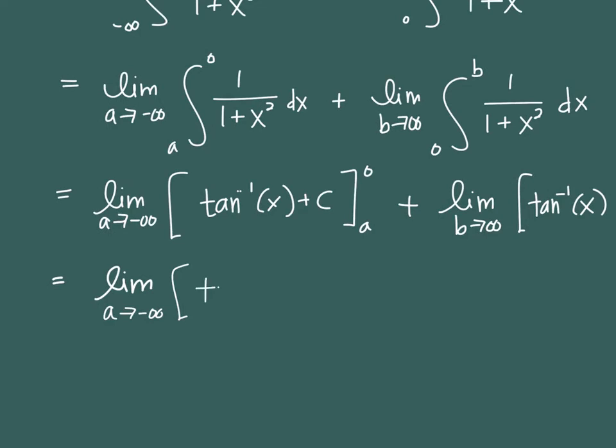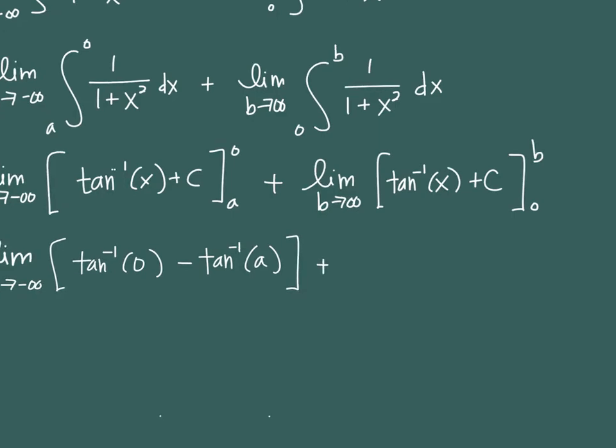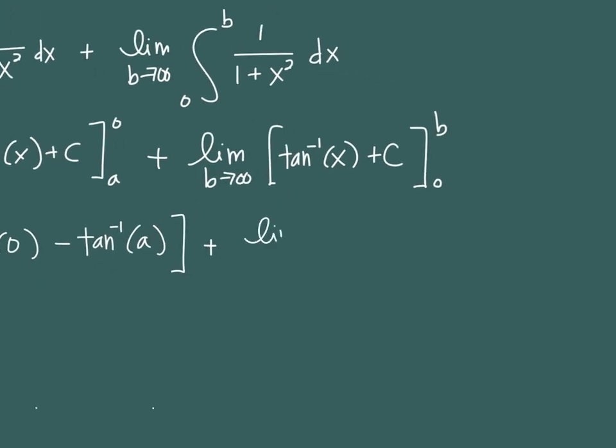So the inverse tangent of 0 minus the inverse tangent of a. And then in the second limit, I'll have the limit with my bounds plugged in. And I will have the inverse tangent of b minus the inverse tangent of 0.